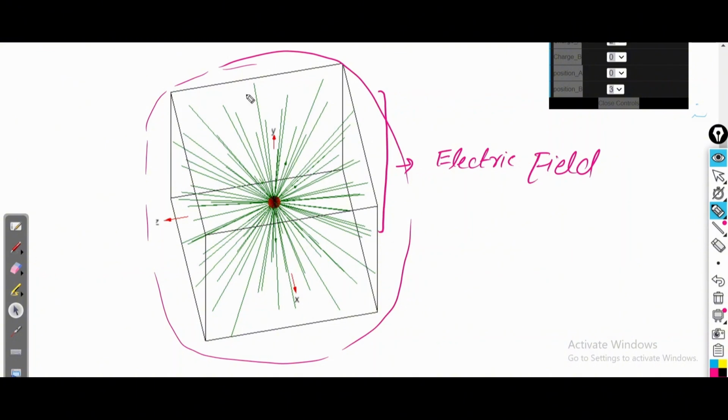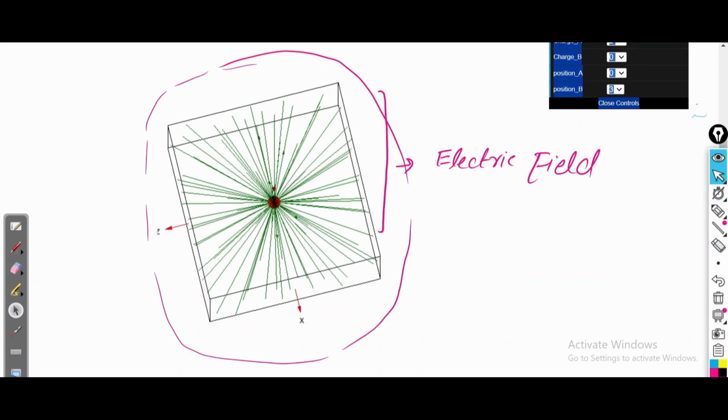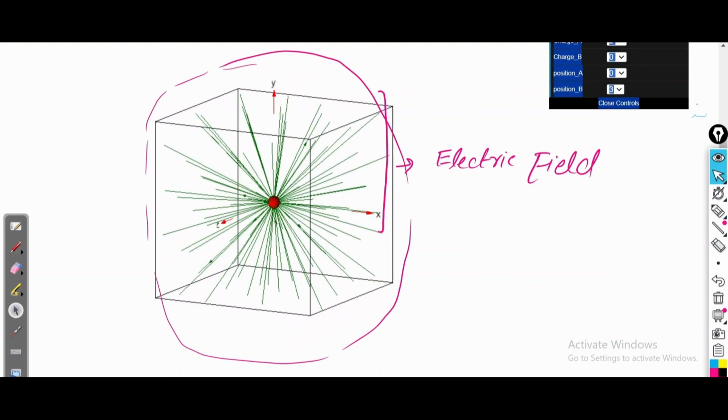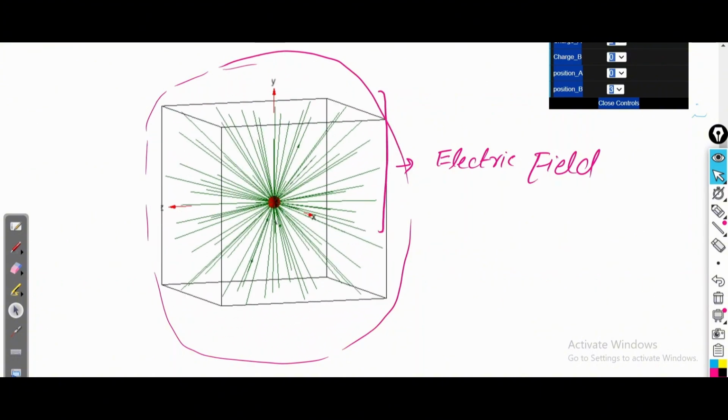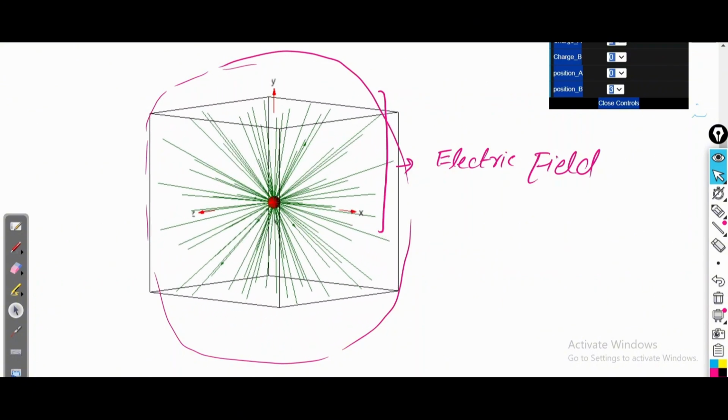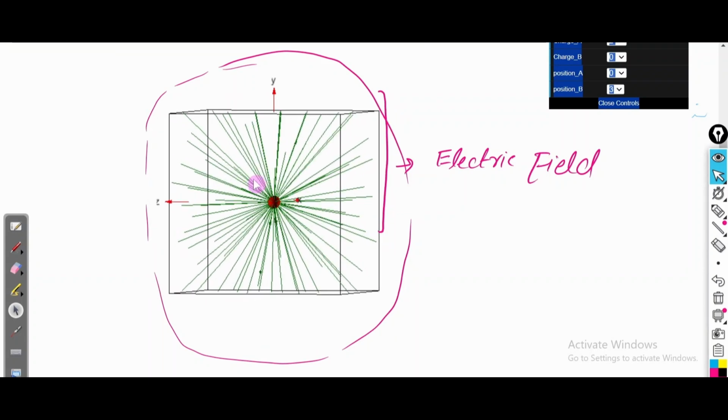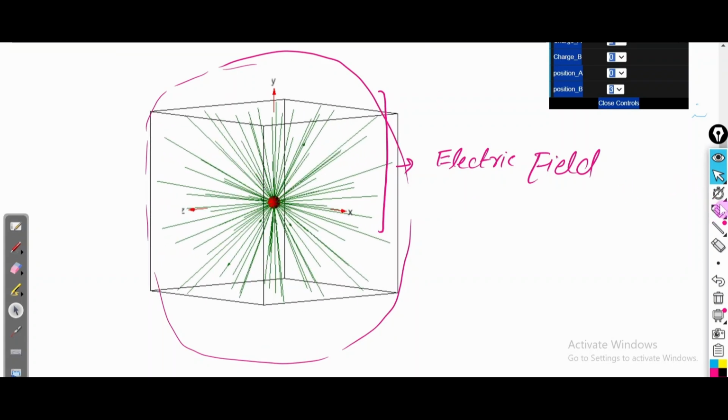Now you see that this region is represented by lines which originate from this positive charge. In physics, that line is called an electric field line. Electric field lines are the lines originating, in this case, from the positive charge and going radially outward up to the region to which the effect of this charge is present.